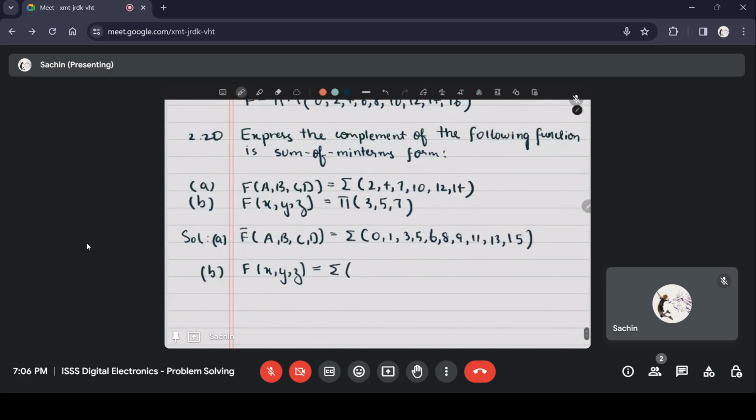So f of xyz will be nothing but 0, 1, 2, 4, 6. And now to complement it again, you write only those terms which are not present in f. So it will be 3, 5, 7.